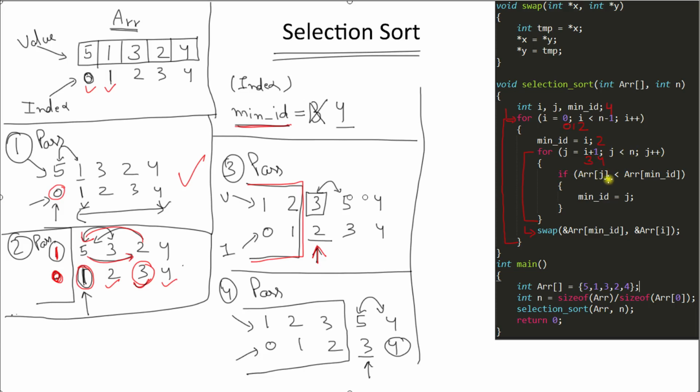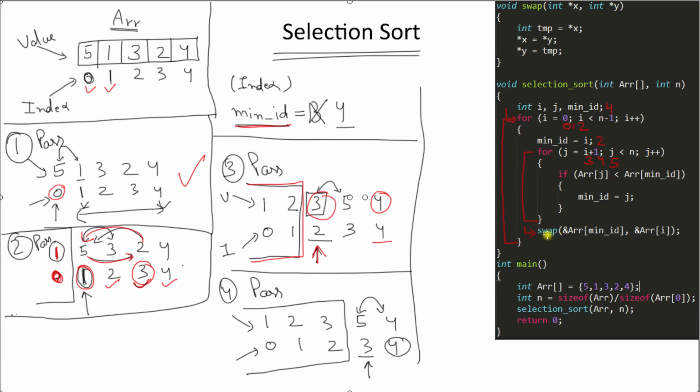We'll check if array of j, which is 4, is less than array of minimum ID. Is this value less than this value? No, it is not. So we'll not go inside this, and we'll go back again, j++. This will become 5. 5 less than 5, false. So once this loop is false, it will get terminated.